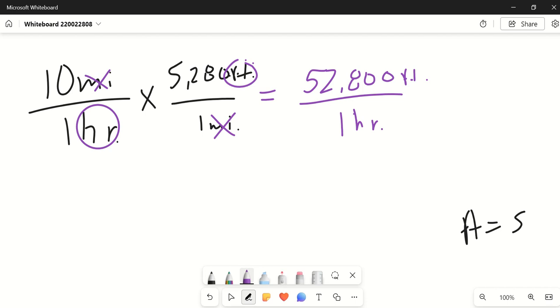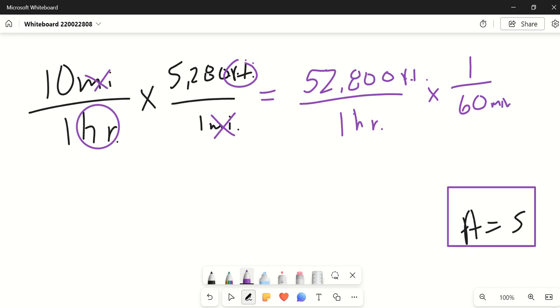But again, I want to know how many feet they're doing per second. So the next thing I'm going to do is to divide it down to where I can figure out how much they're running per minute. And then I will divide that down per second. Now, instead of dividing, I'm just going to multiply by the reciprocal. So 1 will be on top and 60 will be on bottom, because remember, there are 60 minutes in an hour.